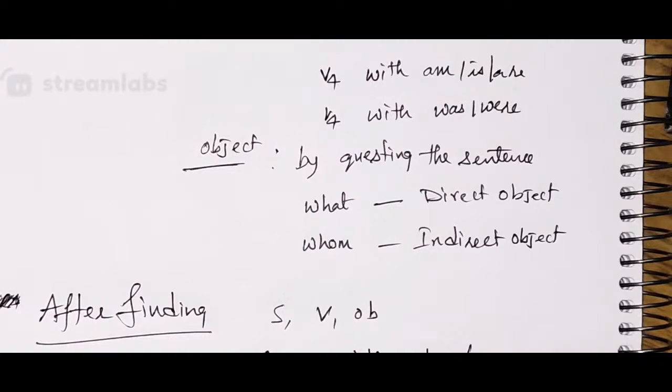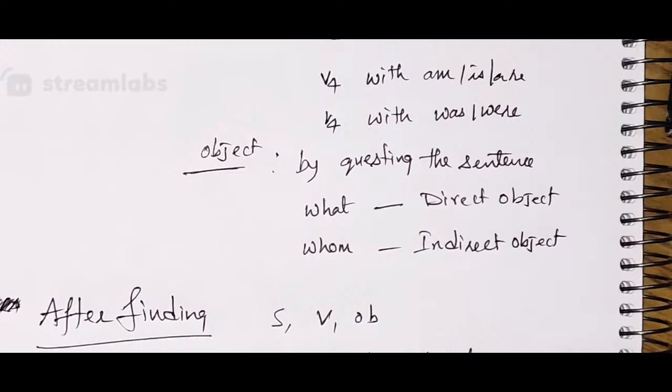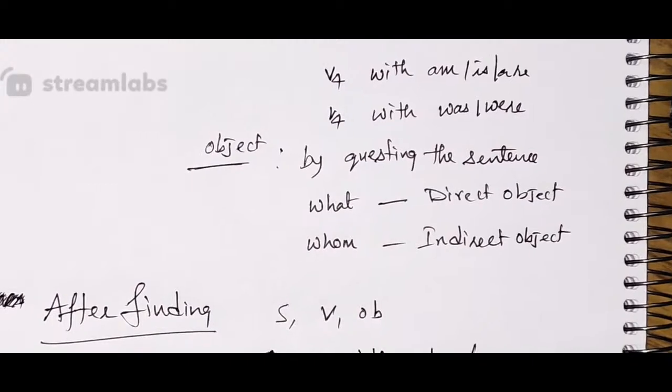But if you get the answer by using whom, then it is considered an indirect object. If you question the sentence using any WH word other than what and whom, that answer may not be considered an object of the sentence. This thing has to be understood very well.